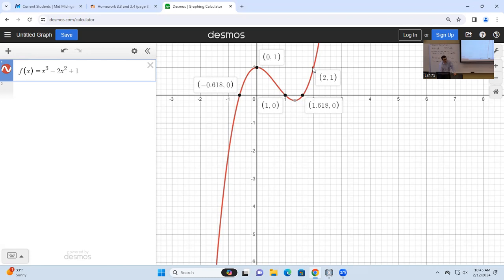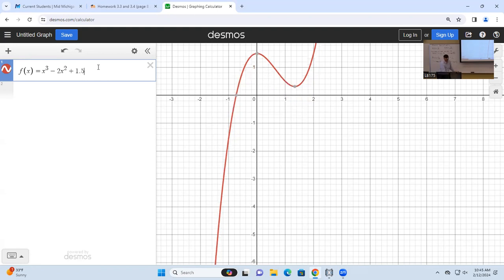So we're not guaranteed one, but in this case it did. Obviously, if we change the polynomial just slightly, we could have no x-intercepts between 0 and 2.